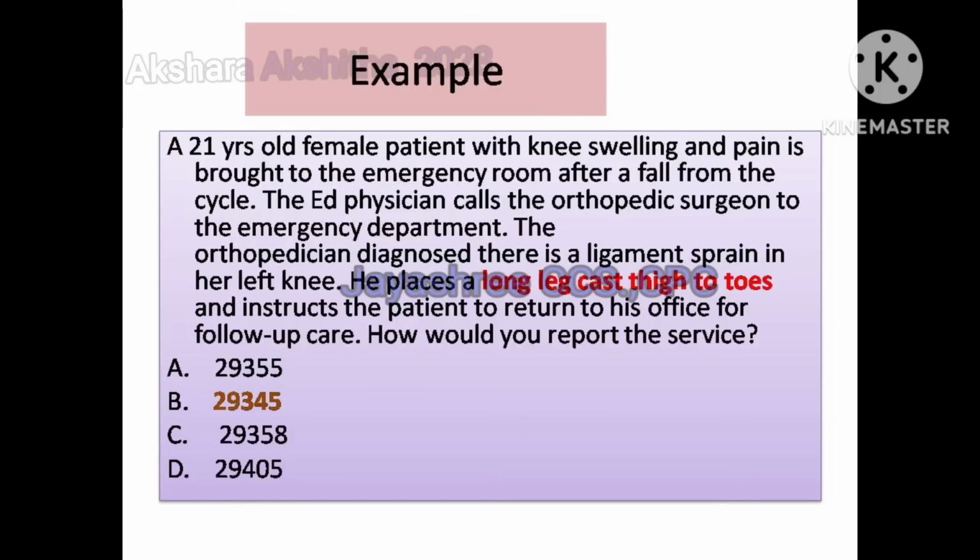What is the treatment? They are not doing a main treatment like fracture or dislocation treatment. The doctor is performing a cast from the thigh to the toes. Only a cast is done in the ED, so we only code the cast: 29345. So that's all about fracture, guys.